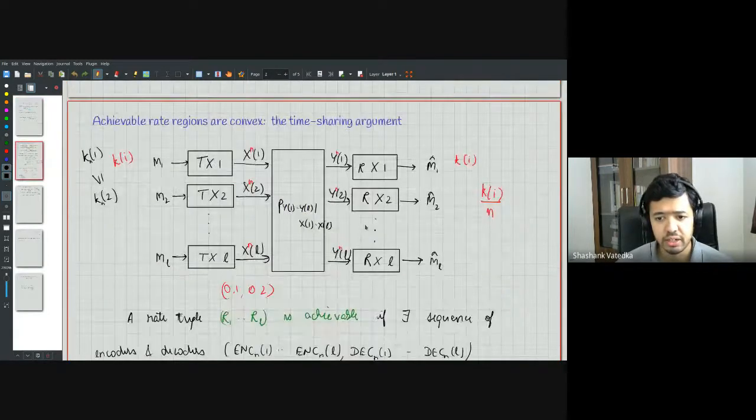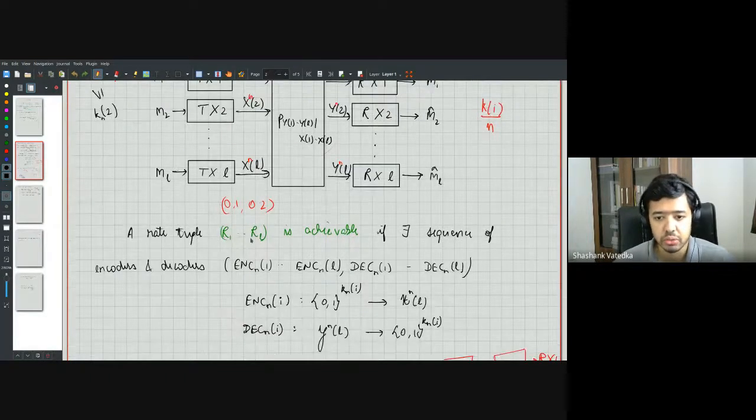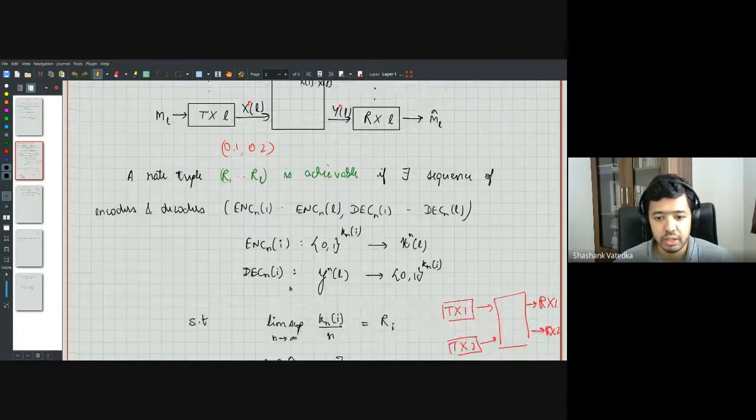And of course, as Shivamani pointed out, what we want to show is that if you look at the achievable rate region, which is the set of all R1, R2 up to RL, for which you can construct codes with rates close to R1, R2, up to RL, and the probabilities of error are all vanishing in n.